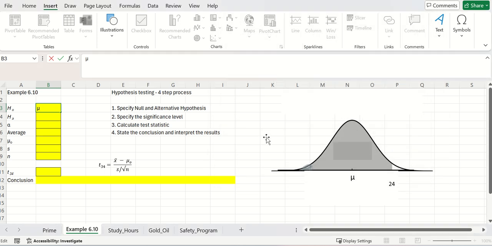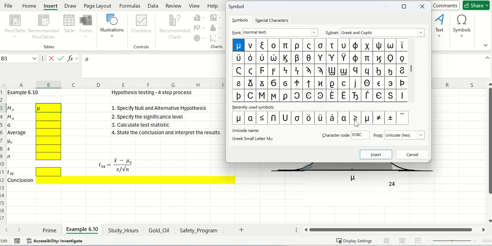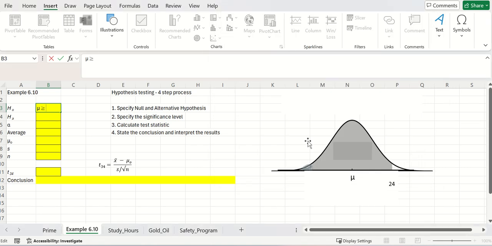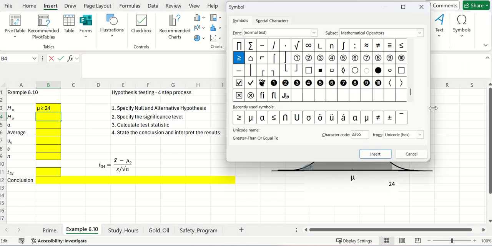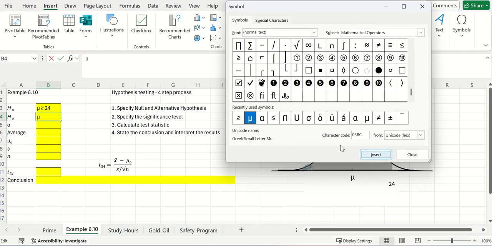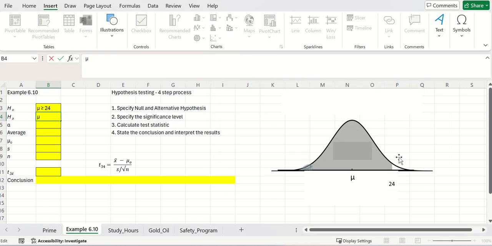What I just stated was that mu is greater than or equal to 24. That means that our alternative hypothesis is that mu is less than 24 hours a week.